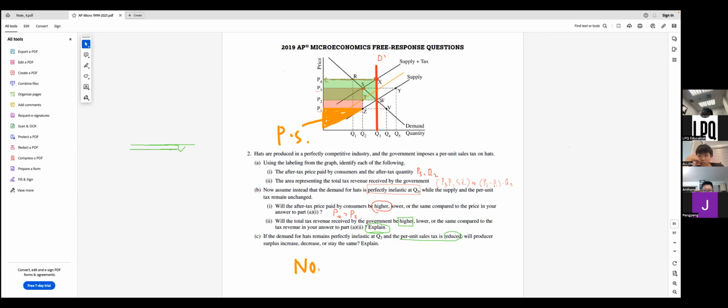The size of a tax only has a relationship with how big the total tax revenue taken by government can be, but has no relationship with the producer surplus. How do you explain that?